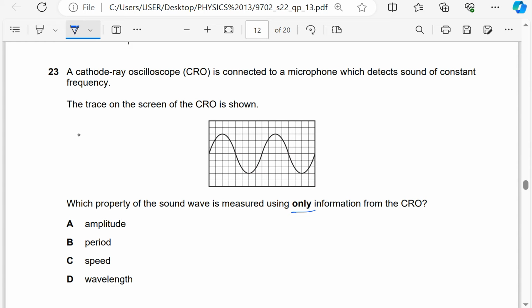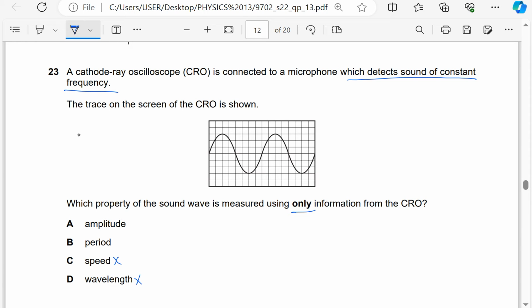The trace on the screen of the CRO is measured, which detects sound of constant frequency. Okay, so we can't see wavelength from the trace. We cannot measure the speed of the sound wave from the trace.